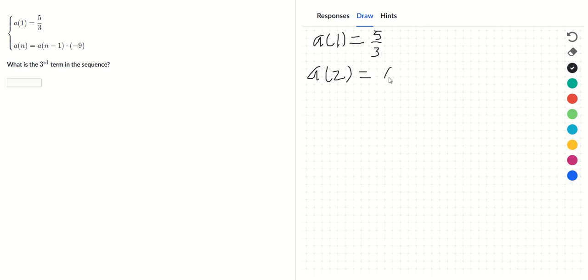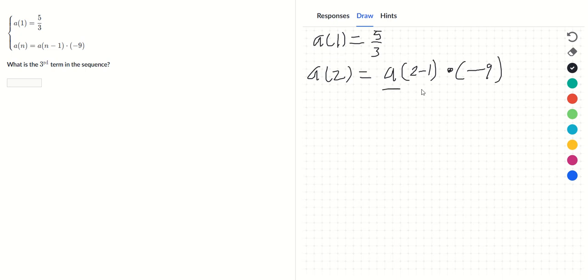So A of, in this case, 2 minus 1 times negative 9.